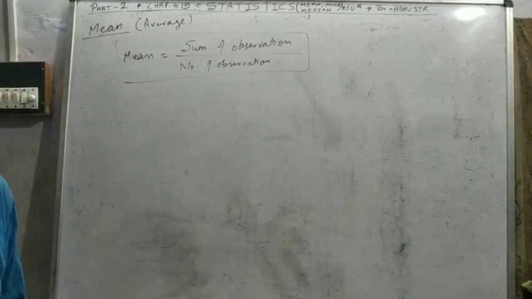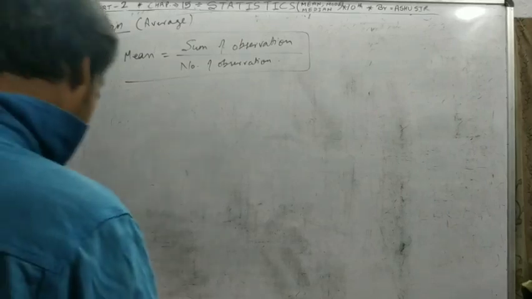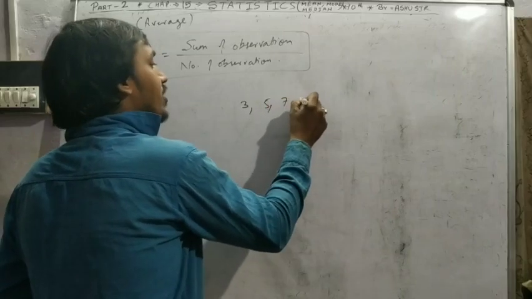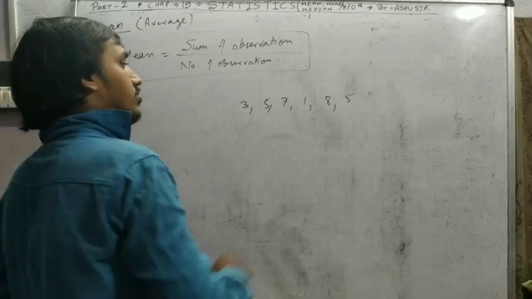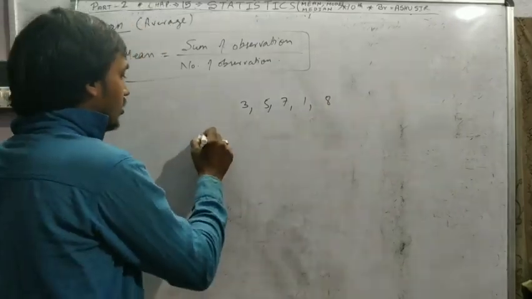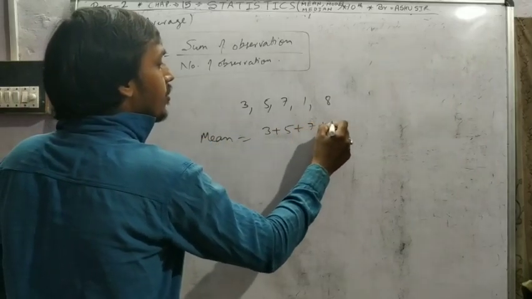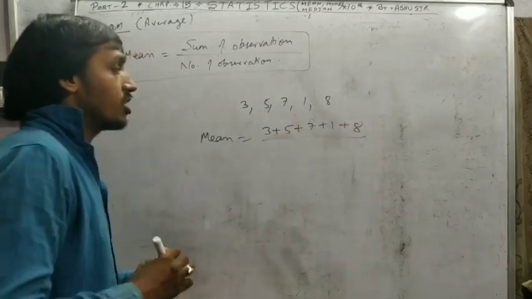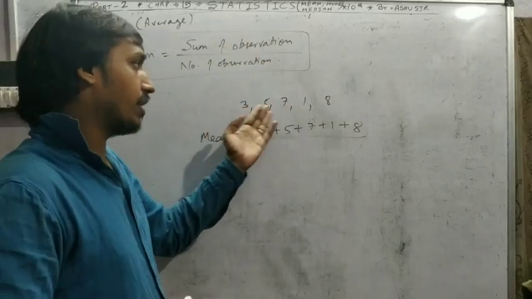Suppose I say the numbers 3, 5, 7, 1, 8 are the five numbers, and you want to find the mean. So the mean is equal to 3 plus 5 plus 7 plus 1 plus 8. This is the sum of observations. The number of observations is 5 data.